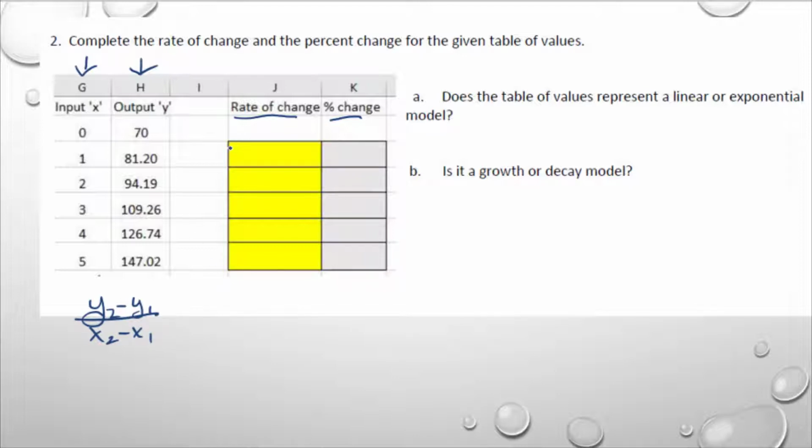So for this one here, it's going to be 81.2 minus 70 divided by 1 minus 0. And again, these are all sequential, so the denominator is always going to be 1. So this is going to be 11.2.